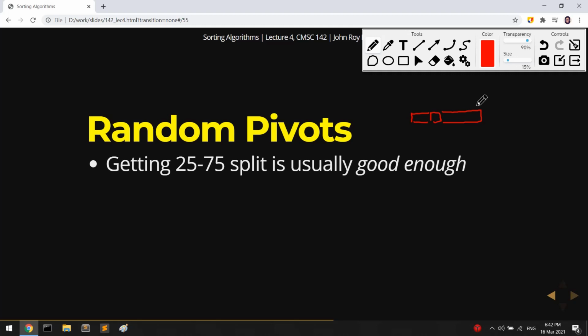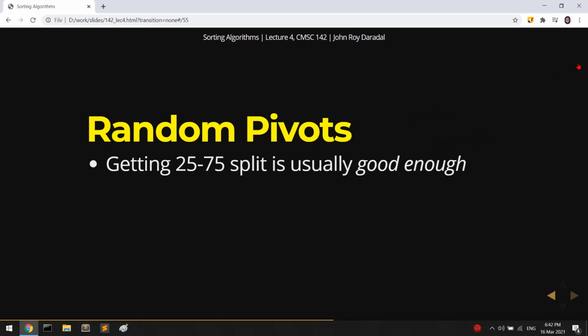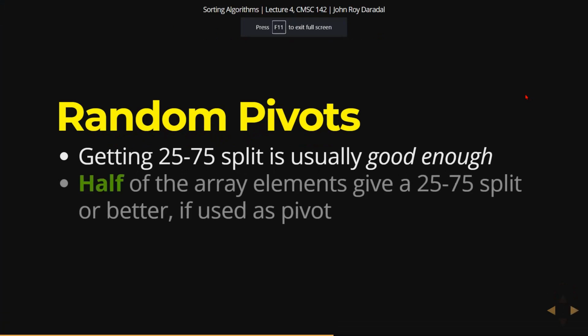As long as it's not something like 10 to 90, that's very imbalanced, right? So getting a 25 to 75 split is usually good enough, and half of the array elements give a 25-75 split or better if used as a pivot. So if it's a 50-50 chance, then just choose randomly, because you have a 50-50 chance of getting a good pivot or not.